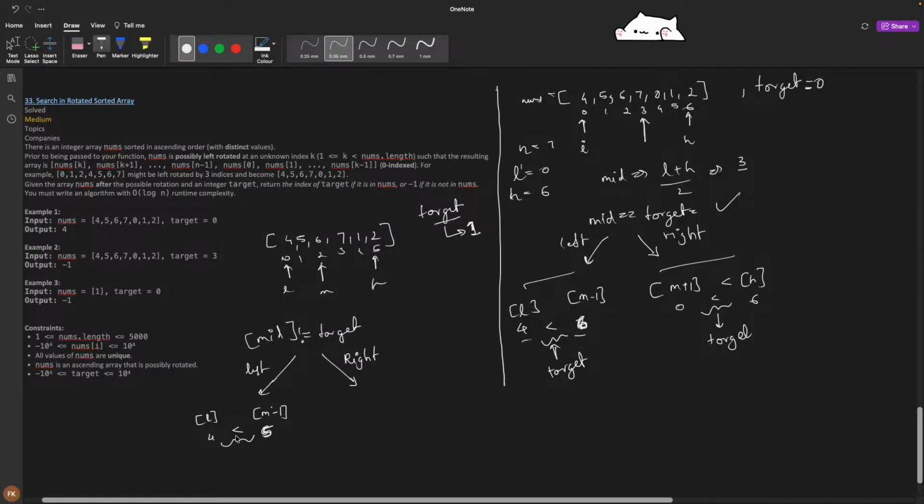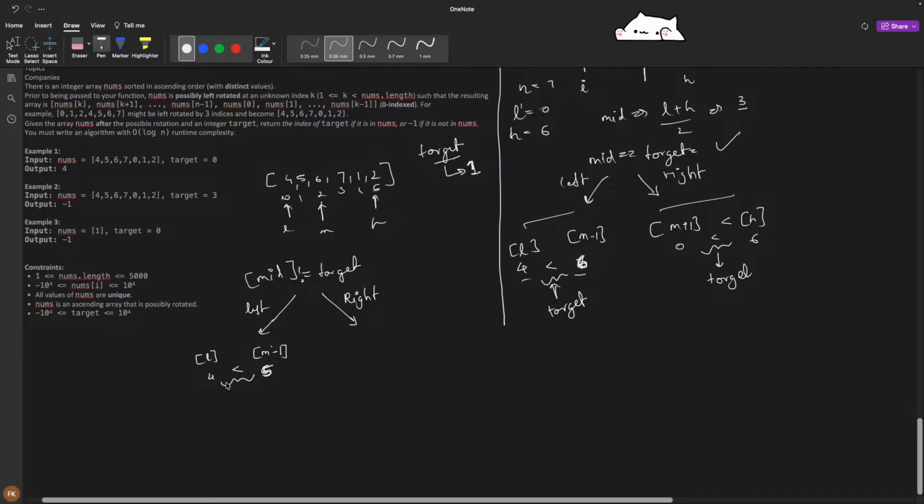Now low is less than mid here, but my target is not between this. And in the right we have mid plus 1 and high.